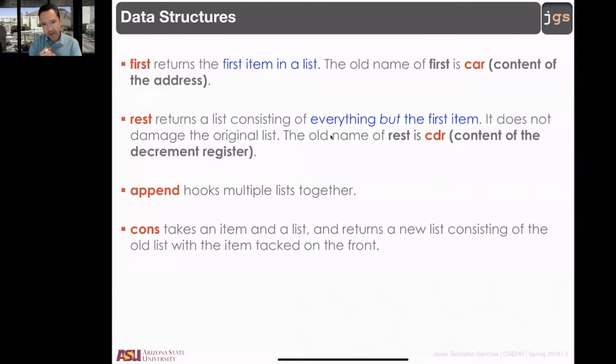Let's see. Classical instructions that we are going to use with lists. Number one, first. It's going to give you the first element of the list. You use first, you give it a list, and then the instruction gives you the first element of the list. Think about this like get 0.